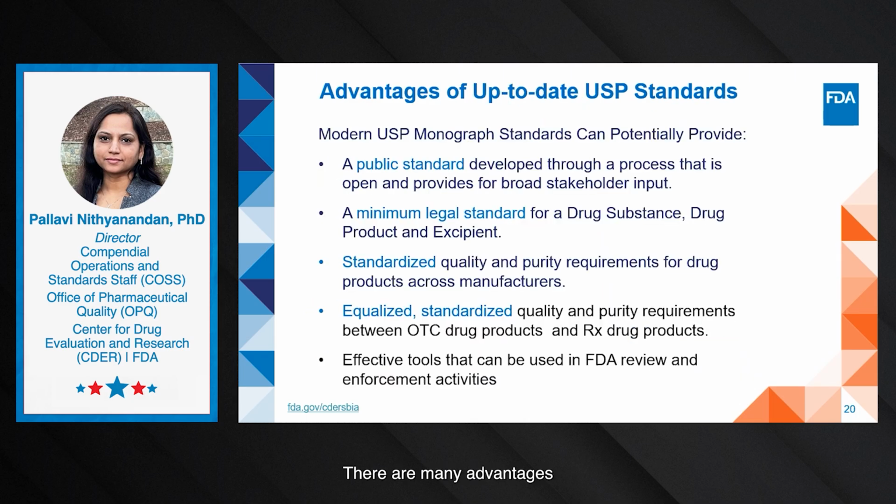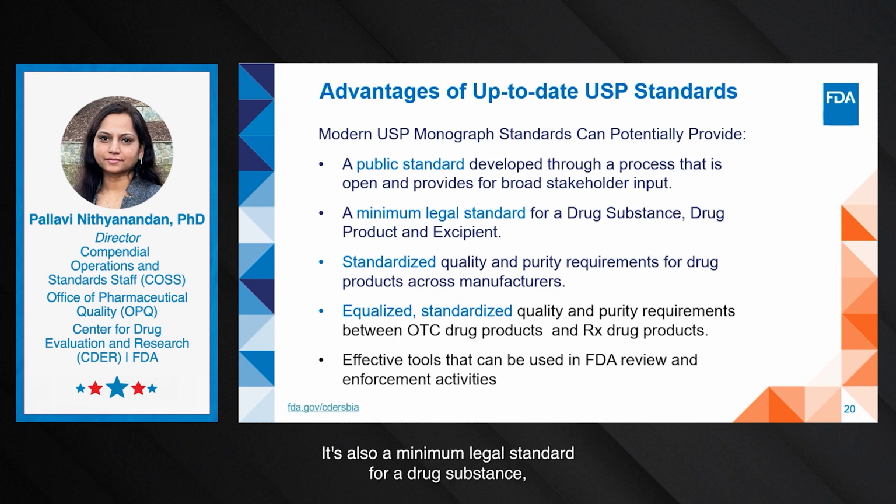There are many advantages of maintaining up-to-date USP-NF standards, and the industry plays an important role in the process by providing the necessary information to maintain these standards. Modern USP monograph standards can potentially provide a public standard that's developed through a process that is open and provides for broad stakeholder input.